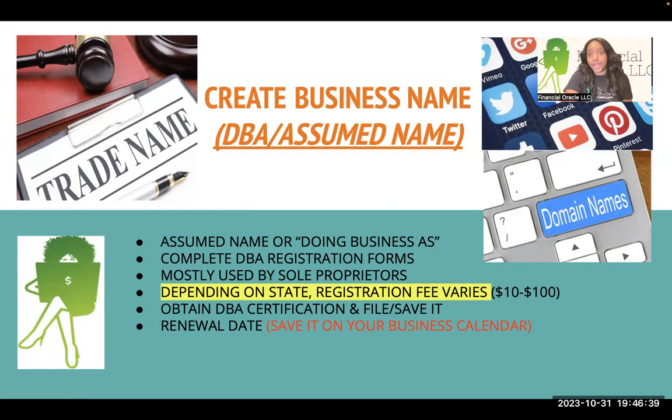So you want to go and complete a DBA registration form. A lot of sole proprietors do this as well, and depending on the state, the registration fee can vary.